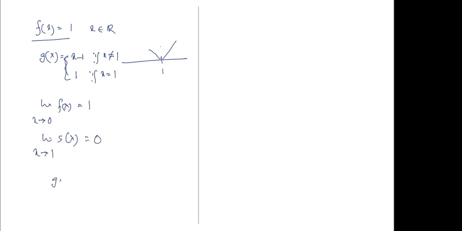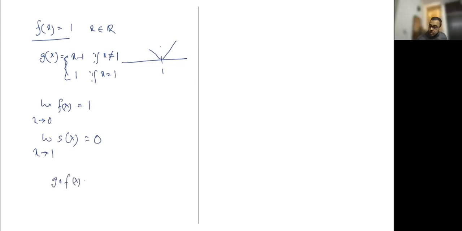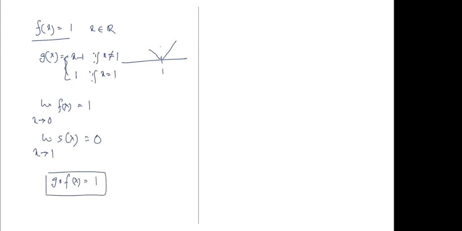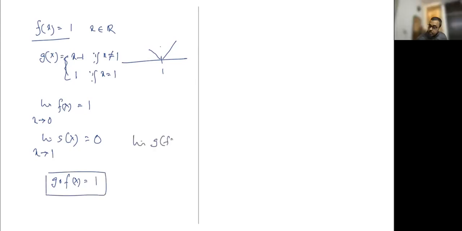And g of f, the composition, what is the composition function? This is 1, the constant function. So if you look at this limit, that is going to be 1, which is not this number.